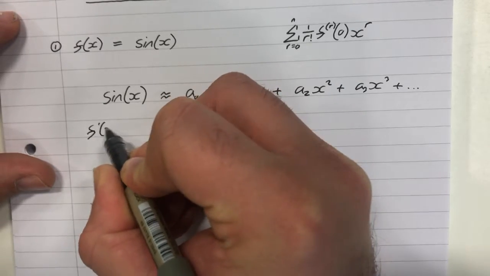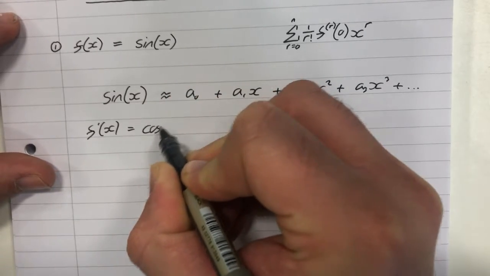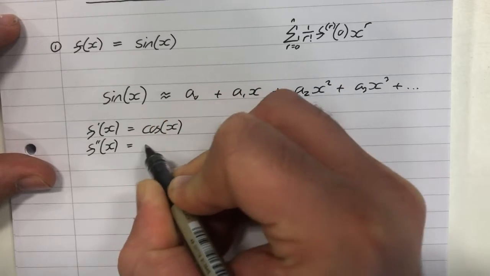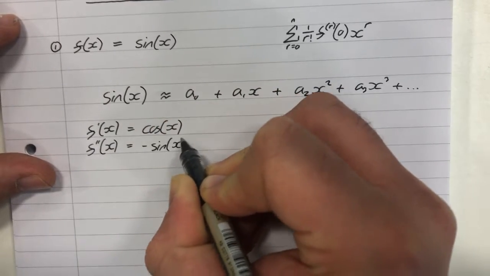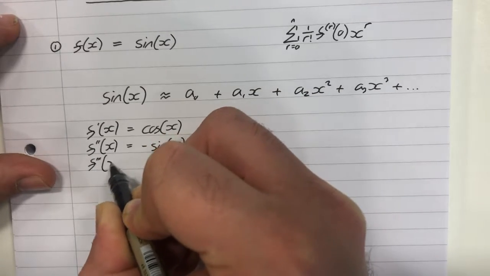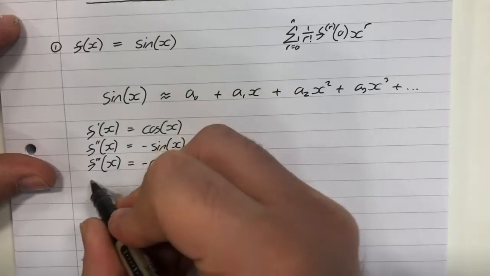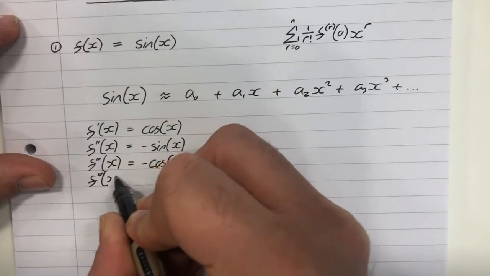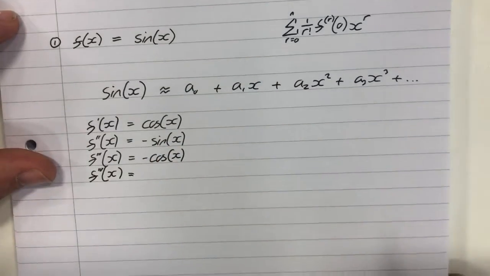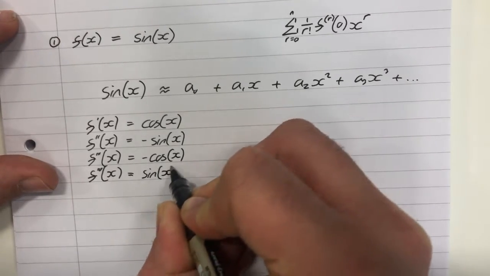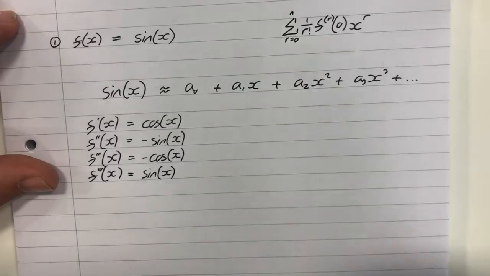So f dashed of x is cos of x. F double dashed of x is minus sine of x. F triple dashed of x is minus cos of x. And the fourth derivative of x, I tend to write Roman numerals for my derivatives, but that's just in case you're unaware there, is sine x.